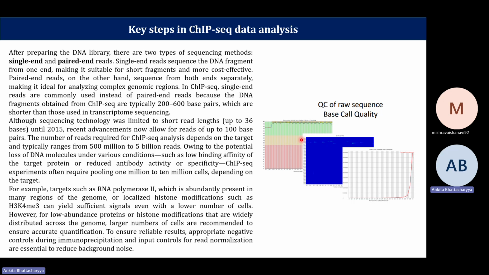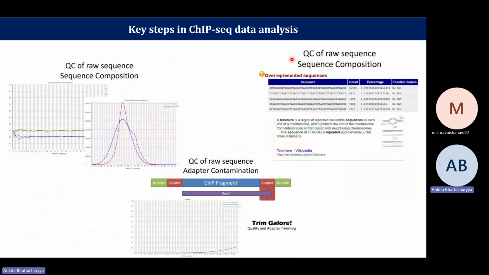QC, if you remember, quality control, was first performed by a tool called FastQC, which is basically going to analyze your sample overall and give you certain comments on it. This also includes sequence composition, whether there's a bias in the sequence, or what the percentage of each of these bases is in the complete sequence.